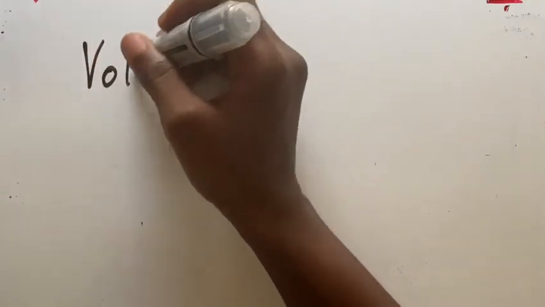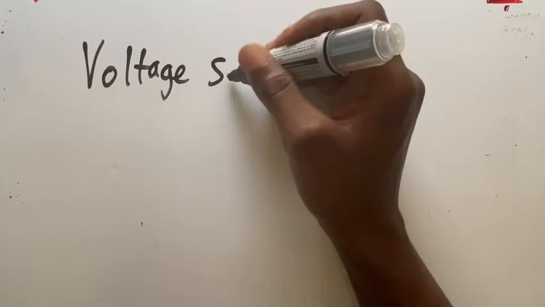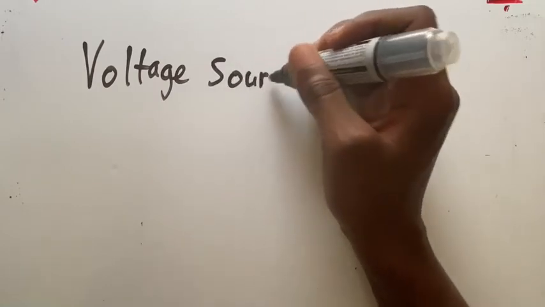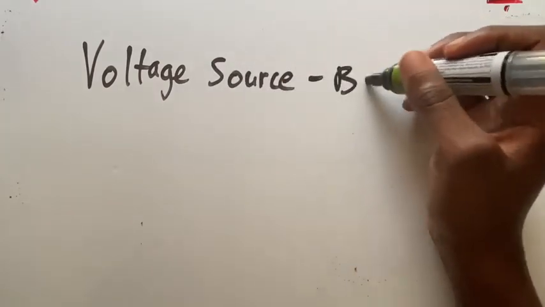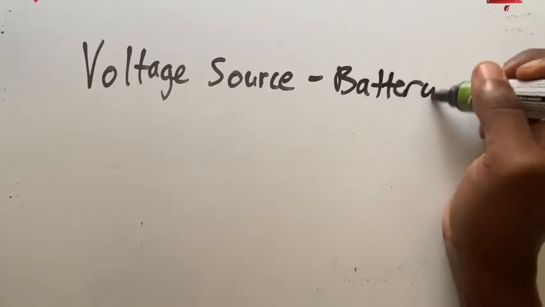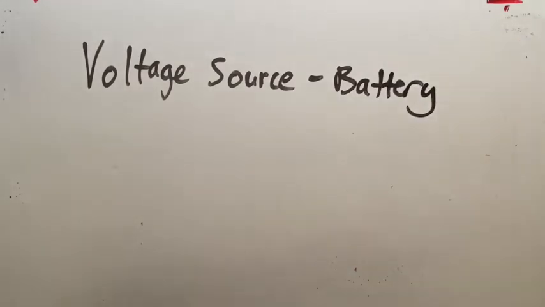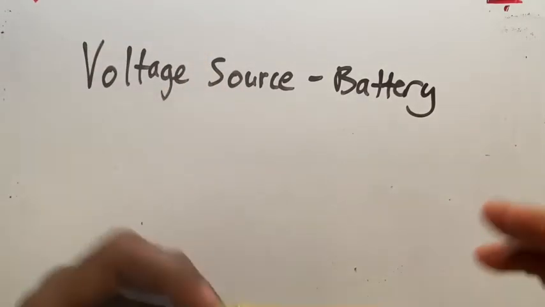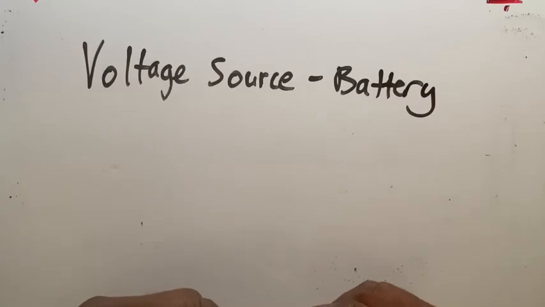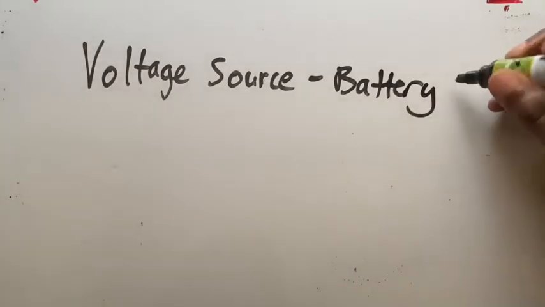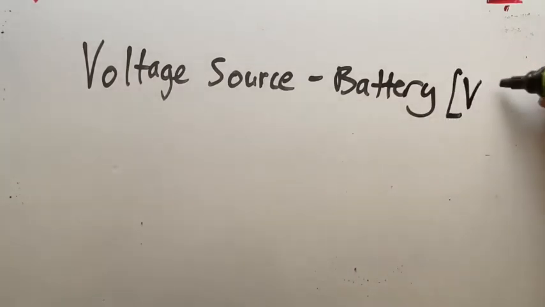A voltage source would basically be something like a battery. Usually we know we have batteries like AAA, AA, D, all that. And those batteries have different voltages associated with them. And so a battery has a certain voltage, right?